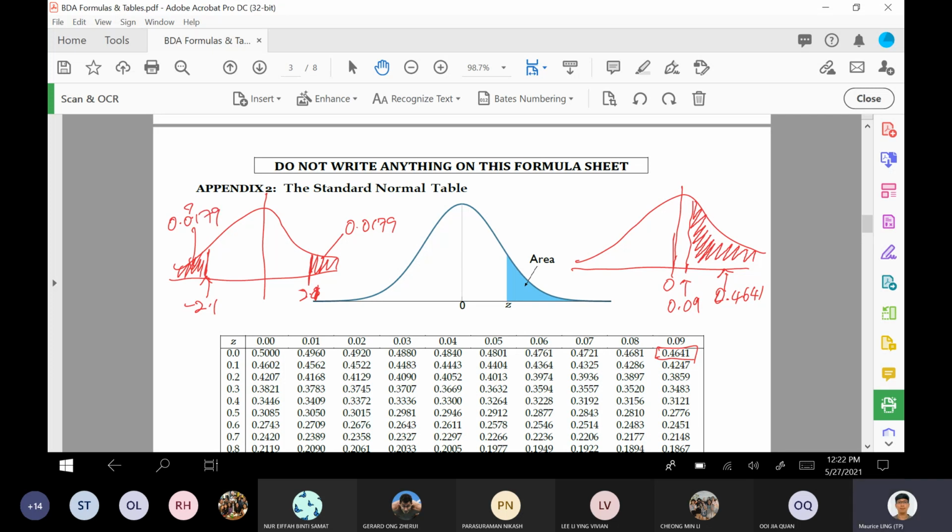So do you know how to read the table now? The normal distribution table is essentially a table to convert the probability and the z-axis. So for example, we want to do something differently.